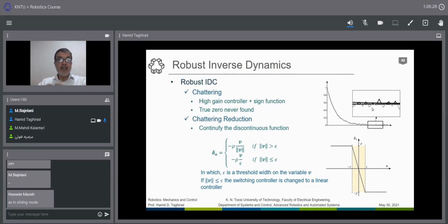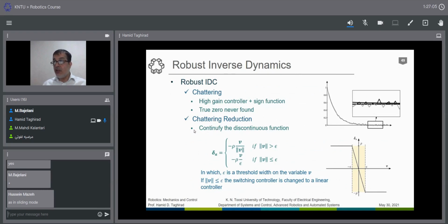So we have some on and off, some oscillating input given to the system, so the system also becomes oscillating. We call this the chattering phenomenon. The chattering phenomenon is not very suitable, especially for robotic manipulation. We don't want to have any noise or oscillation in a moving platform or an end effector. There are many ways to rectify this problem.